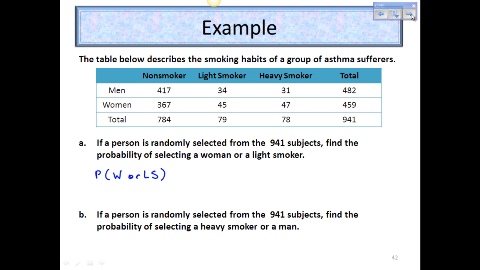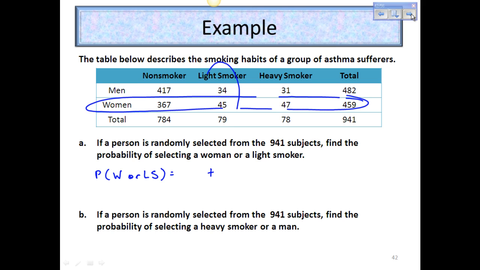Again, keyword is or, so we know we're going to have to add. We may or may not have to subtract something. Let's look at, here's our women, and here's our light smokers. So, probability of women, it's totaled for you, that's 459 out of 941.